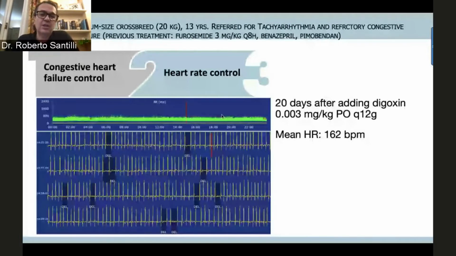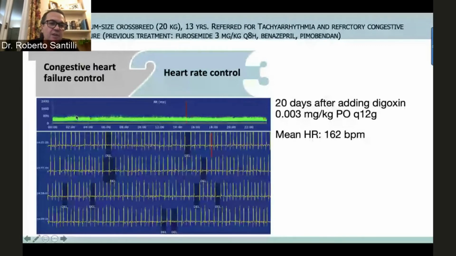And in this particular case, the congestion was so bad that, as you can see, you can start seeing some changes in the longer RR intervals up here, but not enough. Maybe something during the night here. You see some long RR intervals here.